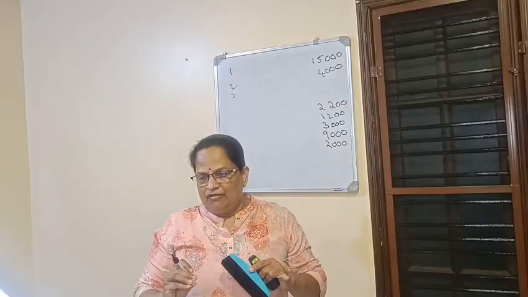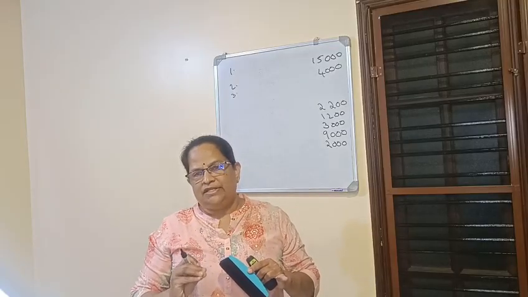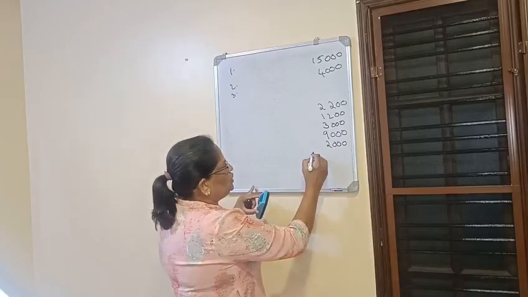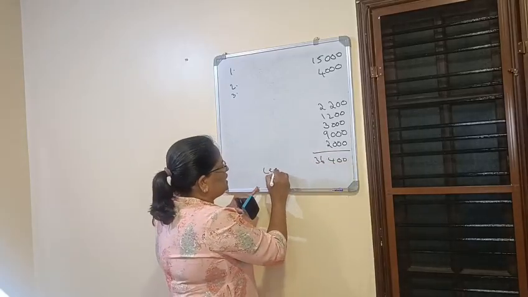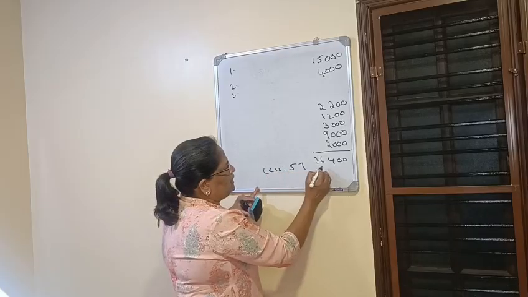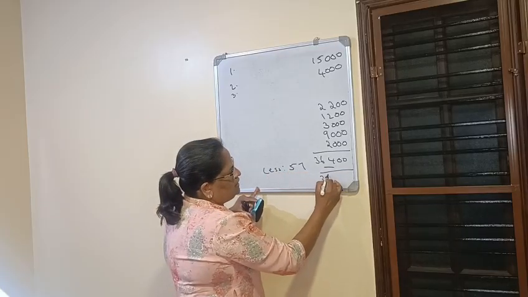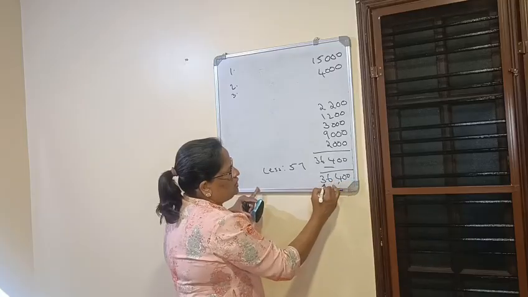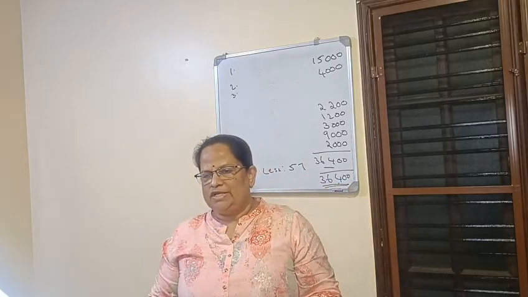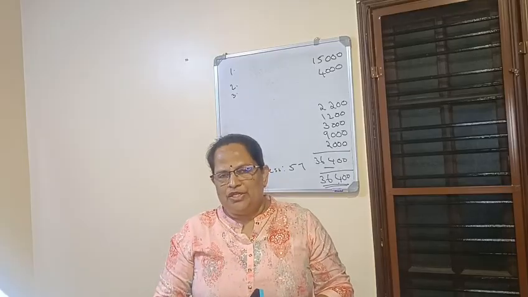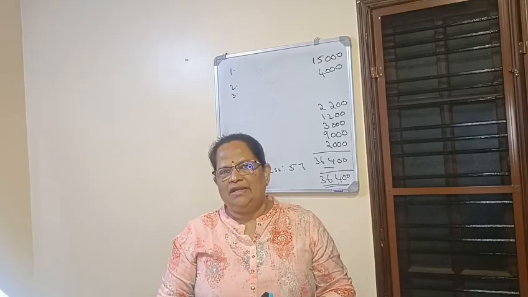Next is agricultural income from Punjab exempted. UGC research scholarship exempted. So total value is 36,400. Less deductions under section 57, he has not claimed anything. Whatever he has claimed, postal charges not allowed. So taxable income from other sources is 36,400. So this is what I wanted to explain in this module. Happy learning. Thank you.